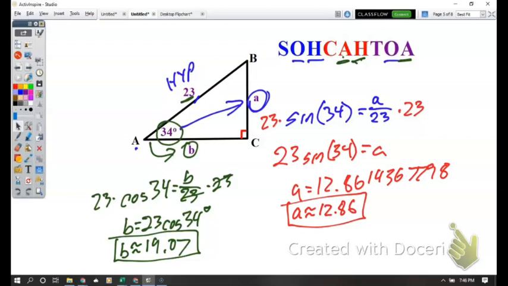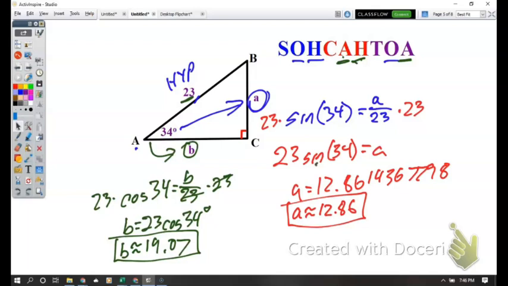We might get to radians later on, but probably not. So make sure your calculator is in degrees. A lot of calculators default into radians, so depending on what your calculator is, you may need to find the settings and change that to degrees. But then all you're going to do is type this into your calculator. So 23 cosine of 34 and 23 sine 34.